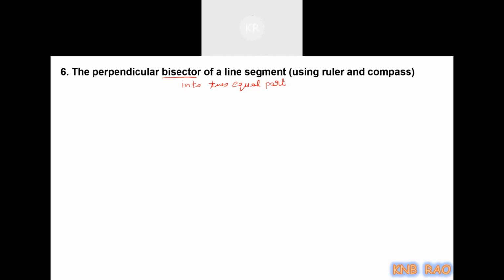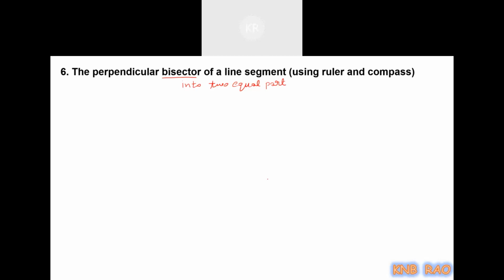So the fellow who is bisecting, that iron piece, becomes the bisector, right? The one who is dividing it into two equal parts is called the bisector.